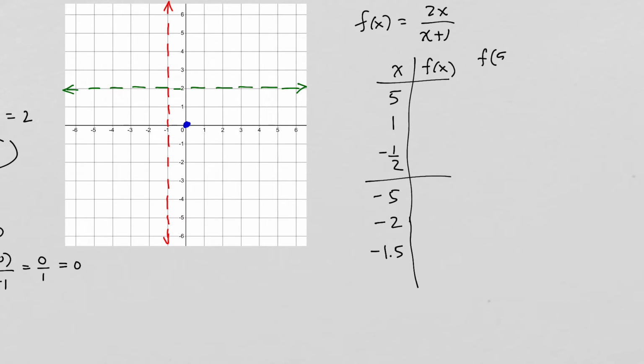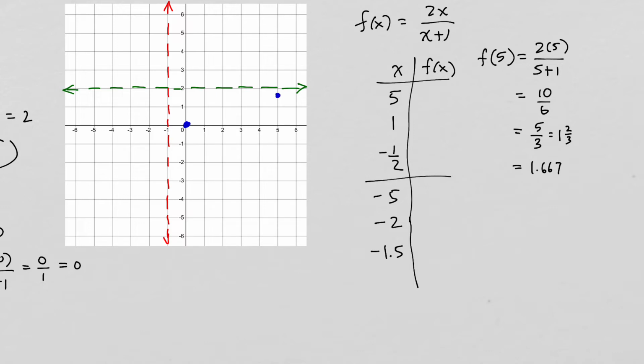So for example, f of 5 is going to be 2 times 5 divided by 5 plus 1. And this is 10 divided by 6. 10 divided by 6 is the same as 5 divided by 3, which is 1 2/3. Or if you did this on a calculator, you would get 1.667. And so when x equals 5, which is here, y equals 1 2/3, which is right about there.